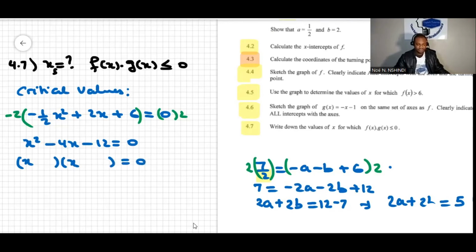The constant term is negative 12. The factors of 12 are 1 and 12, 2 and 6, 3 and 4. To get negative 4, I'm going to take positive 2 and minus 6. So plus 2 here and then minus 6.